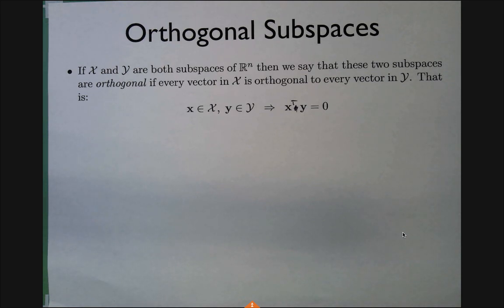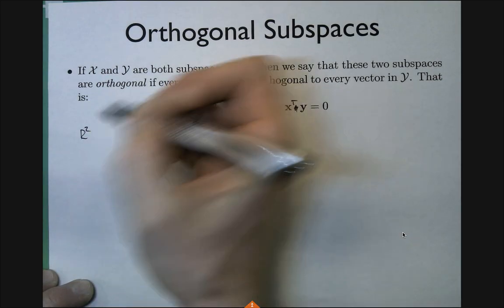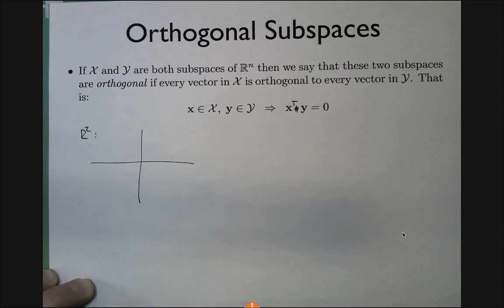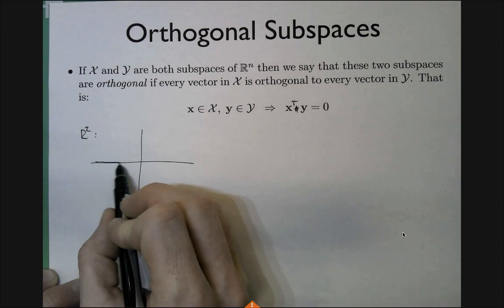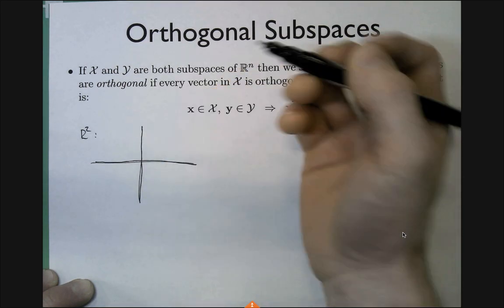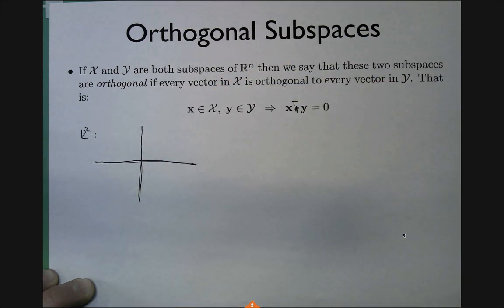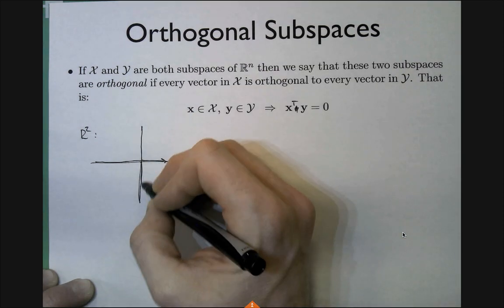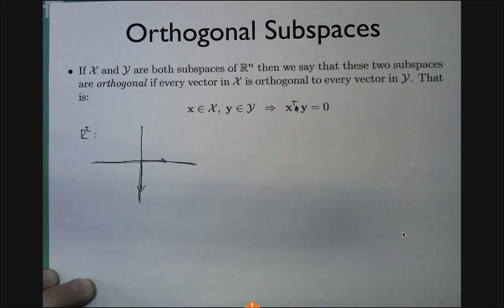So again, what does it mean graphically? Let's think about some examples in R2. Can you give me an example of two orthogonal subspaces? I guess it's easy, I'll just do it. There's an x-axis and y-axis, that's what you came up with before. And they are certainly orthogonal: pick a vector from here, pick a vector from here, certainly orthogonal.